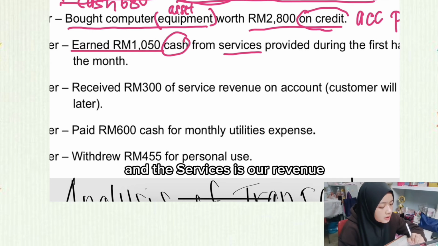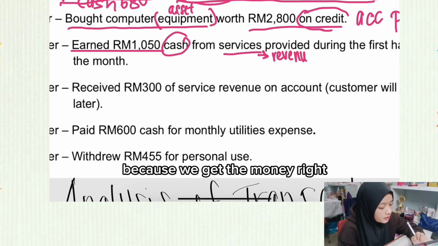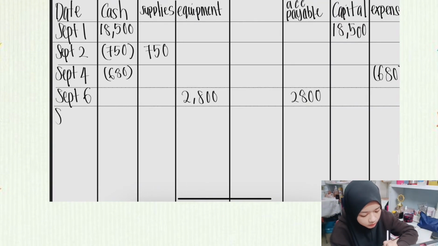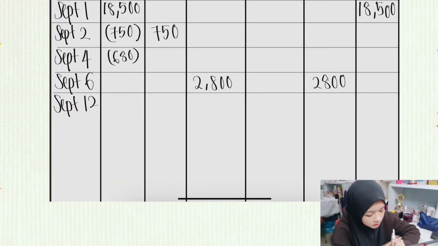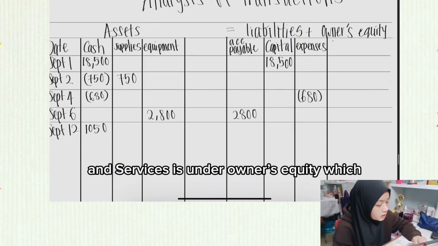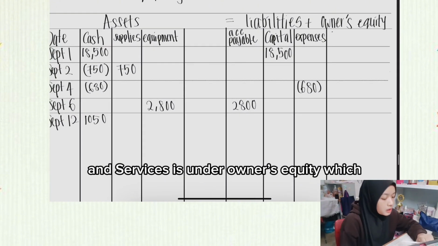And then services is our revenue, because we get the money, right? So September 12, we get the money 1,050, and services is under owner's equity, which is revenue.